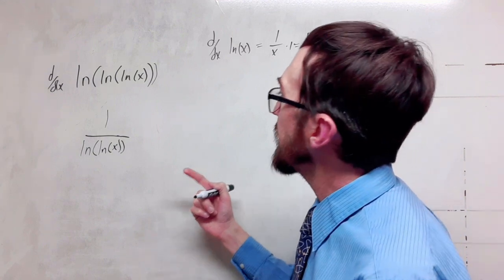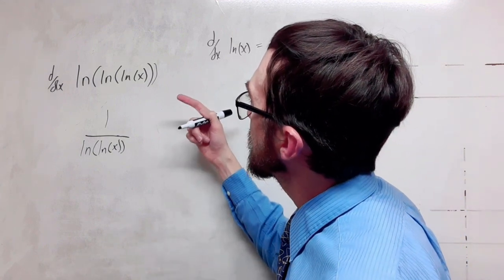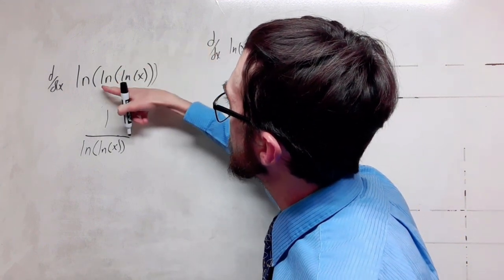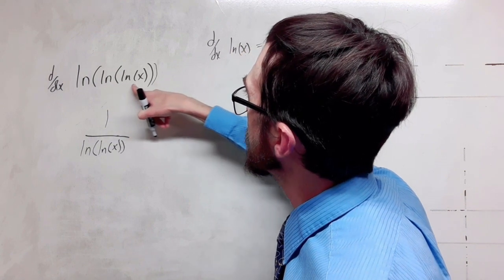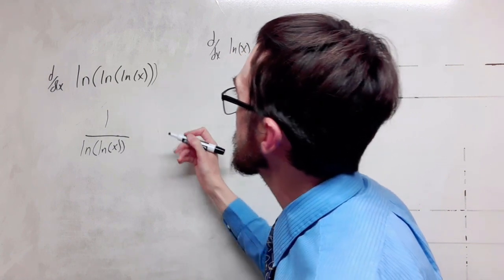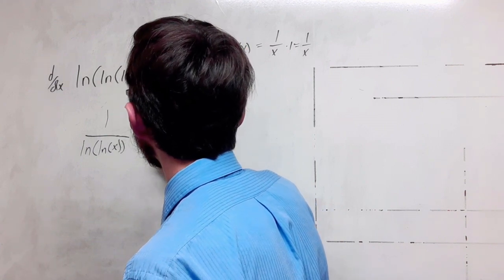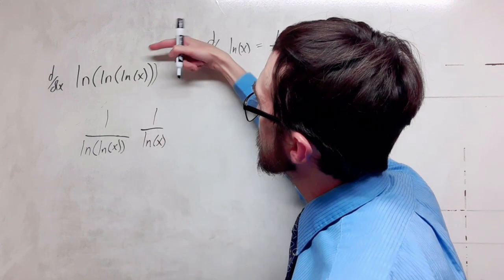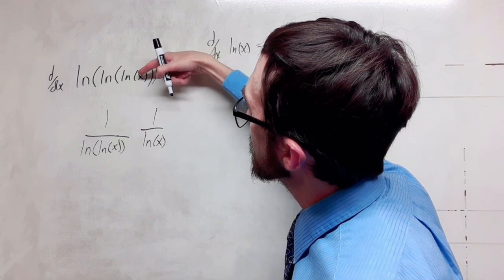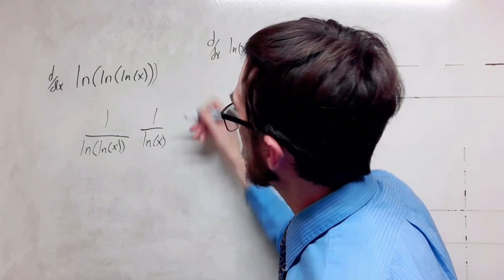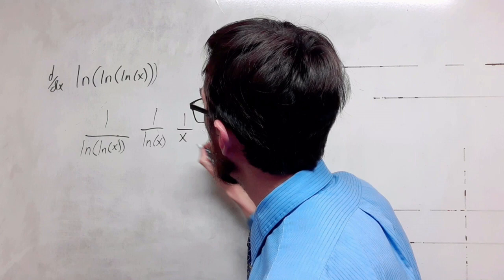Continuing with the chain rule, we have to do the derivative of the interior, so we need to look at the derivative of the log of log x, which will give us 1 over log x. And then we have to look at the interior of that and take the derivative here, so we get 1 over x.